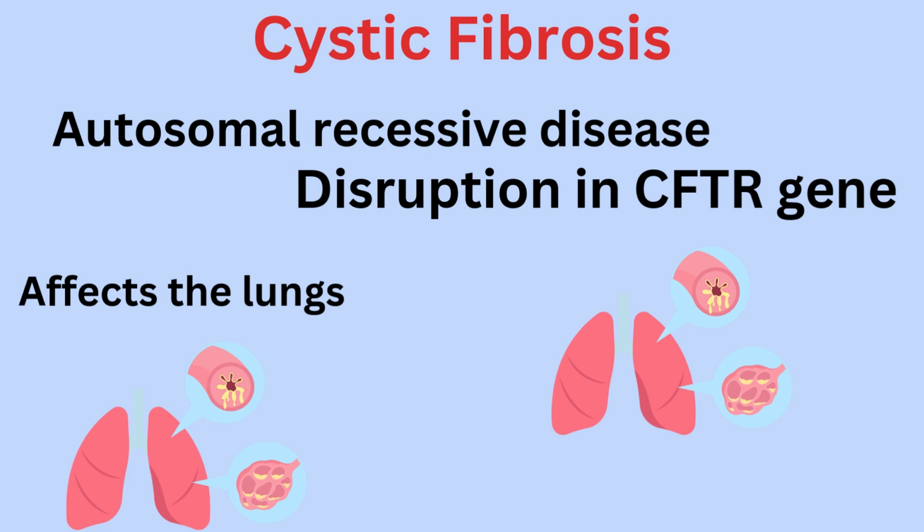So cystic fibrosis is an example of a point mutation where a single base is changed while coding for that amino acid, and the whole system is disrupted.